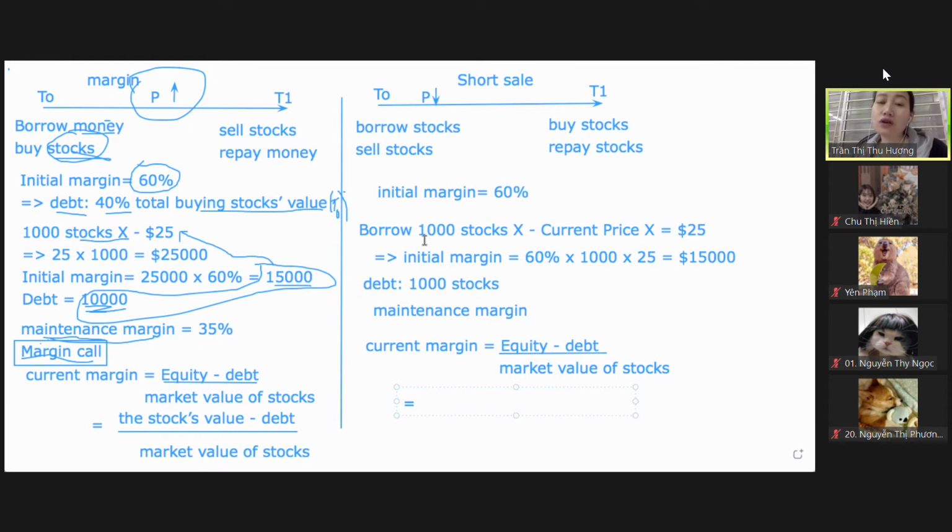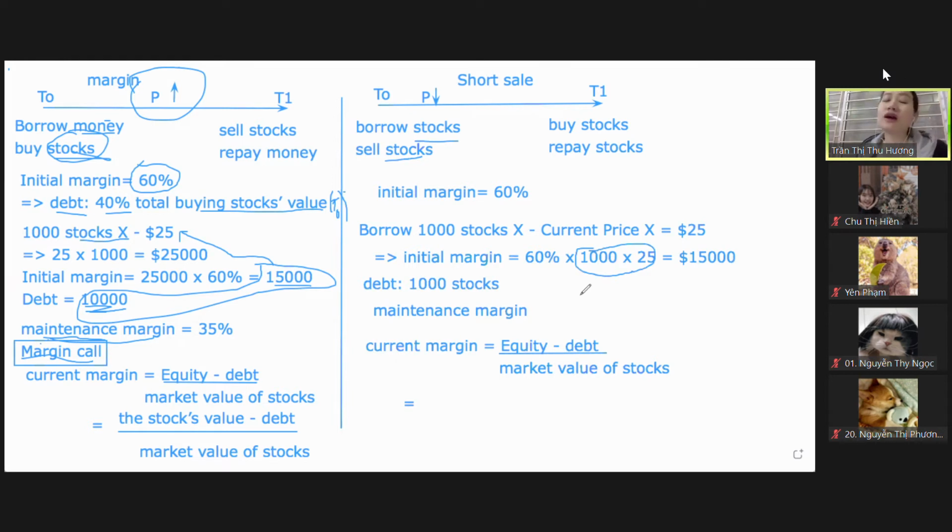So you don't hold the stock. Your equity is not a stock. Now, what do you have? When you sell the stock, you collect how much? You sell 1,000 stock to the market at the price $25, so you collect $25,000.